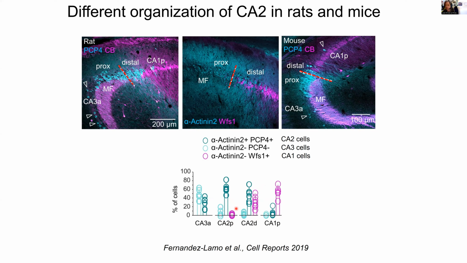So within CA2, there are some few CA1 cells in the rat, and the density is larger in the distal as compared to the proximal. And in the proximal, there is an intermix with CA3 cells, and then PCP4 positive cells, which are around the area. So the region was strongly heterogeneous in terms of cell types from CA3, CA2, and CA1.